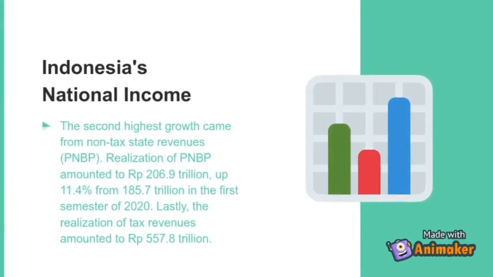Realization of PNBP amounted to Rp 206.9 trillion, up 11.4% from 185.7 trillion in the first semester of 2020. Lastly, the realization of tax revenues amounted to Rp 557.8 trillion. This tax revenue achievement rose 4.9% from the first semester of 2020, which amounted to Rp 531.8 trillion.